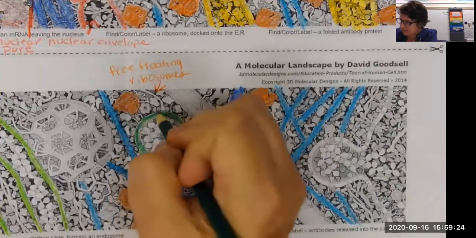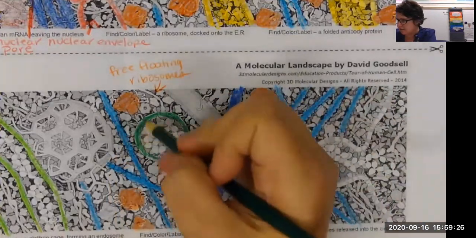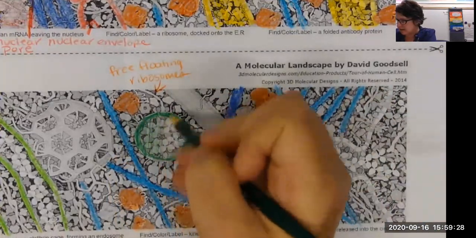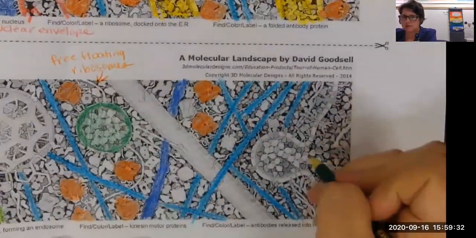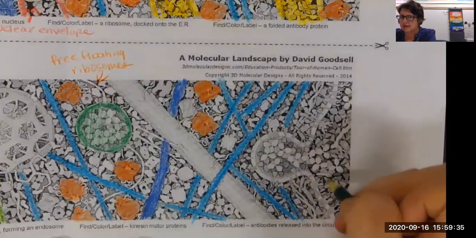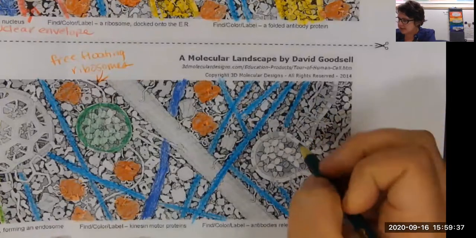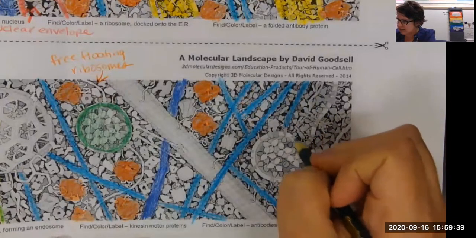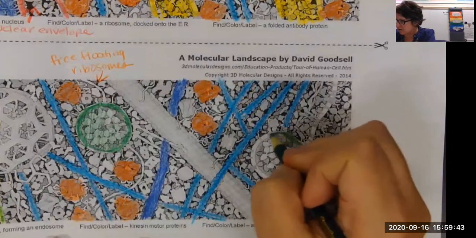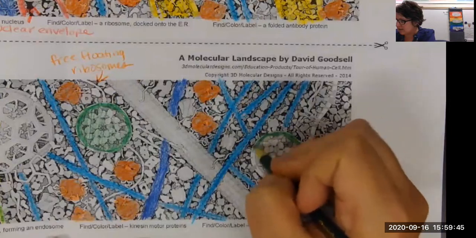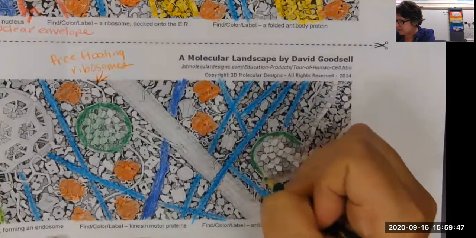I'm going to color the inside a little bit lighter. And then here is actually, this looks like an entire piece of the edge of the cell, but this guy here, this is a vesicle, okay? So this is the beginning of exocytosis.